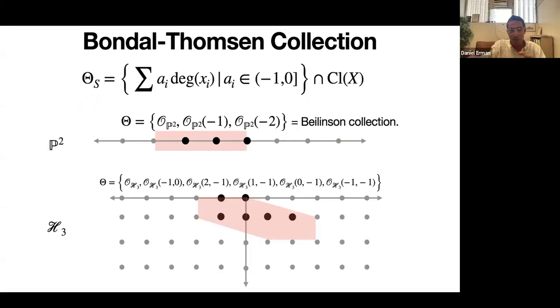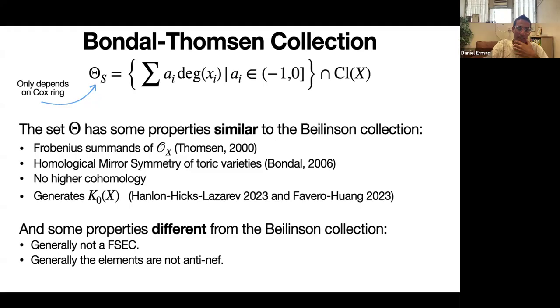In the previous Hirzebruch example, there's a square and then two little guys off to the side. The ones in the square correspond to anti-nef line bundles, but the two off to the side don't. They're neither nef nor anti-nef, something in between. So it's very different from the Beilinson collection in some ways.